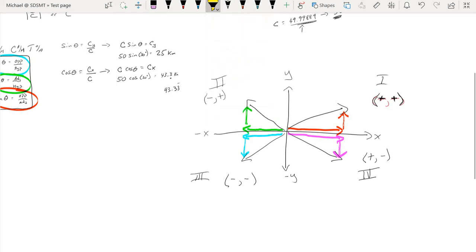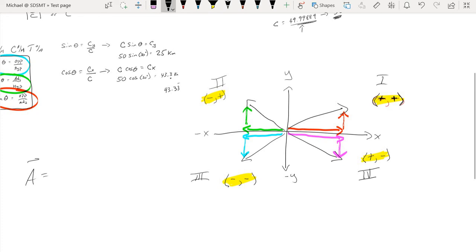So what we can see here is that for the different quadrants, we should be able to identify in what quadrant any of our vectors are in just by knowing what the components are.